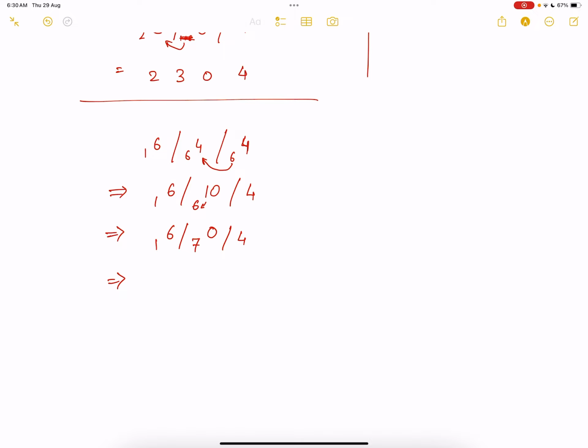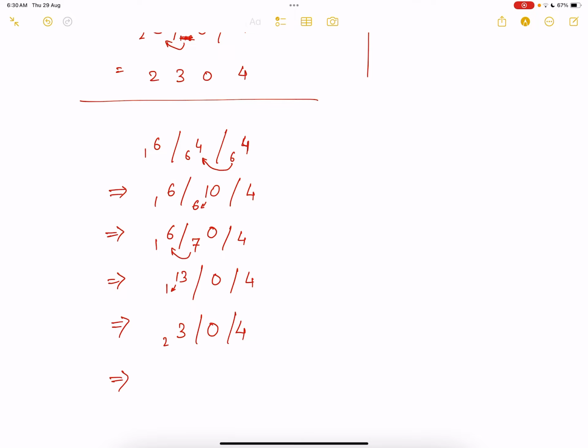And then we have 0, this 7 gets here, which becomes 13. This 1 remains. This 13 has 1 carryover, so we carry it over here, so it becomes 2, 3, and then the rest of the number remains the 4.